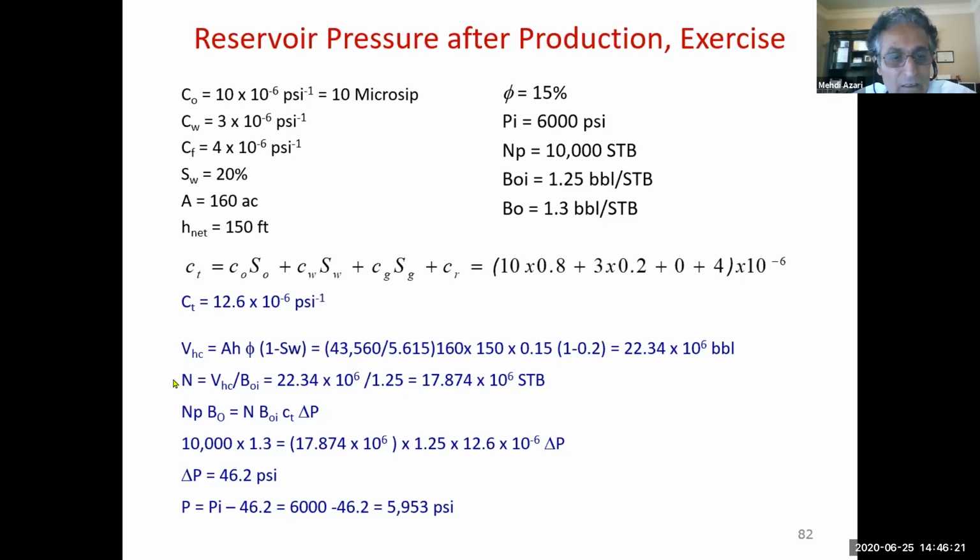The N of hydrocarbon in a stock tank barrel at surface is going to be that one divided by Bo. Remember, Bo is the one that converts the volume from the reservoir to surface. So N is 22.34 divided by Boi, which was 1.25. Then initially I have like 18 million cubic feet of oil.